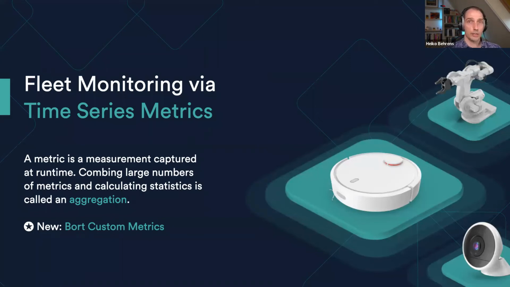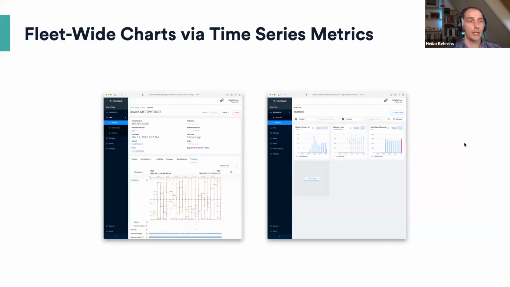We do metrics at Memfault, time series metrics in particular, where you can then ask over the course of time how a certain number progresses, not only for a single device, but also aggregated across the fleet. And again, if you ask me what you need to do on Bort, the answer is nothing you don't know already. The same system we learned about a minute ago to send metrics from the device, attributes, is used for time series metrics as well.